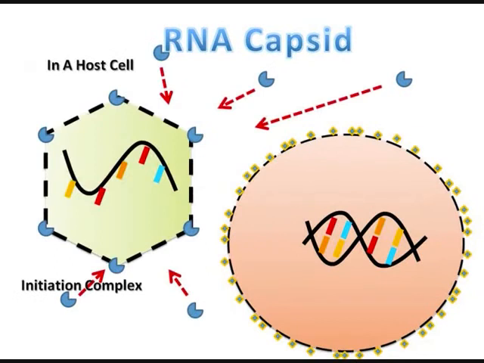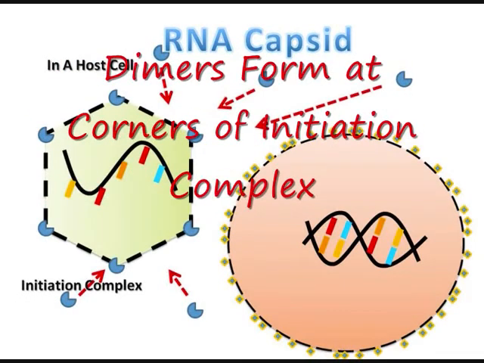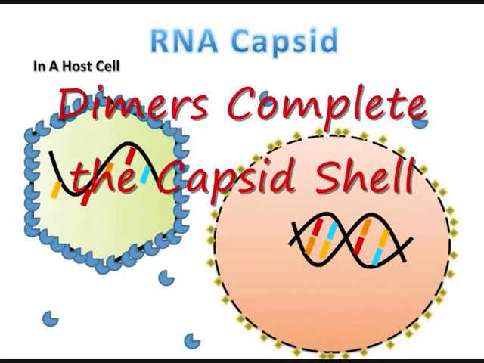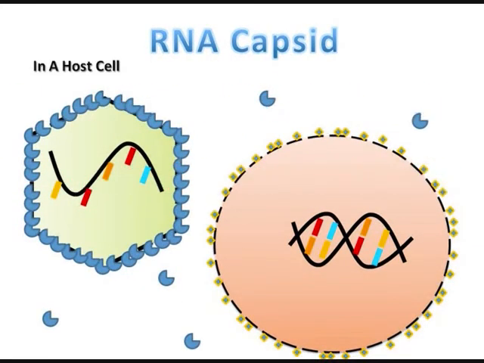Then, in the second step, dimers made up of individual subunits are added to form a cap on vertices. Dimers are a biological entity that is basically made up of two monomers. Lastly, additional dimers are added subsequently to the growing shell.